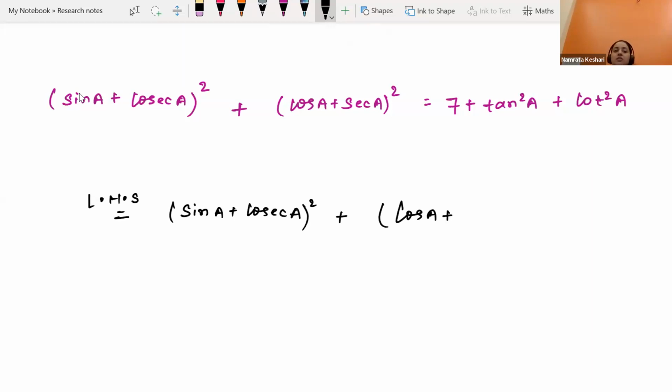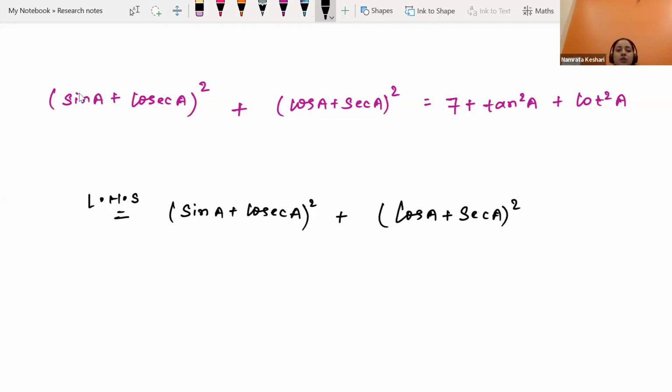We can expand it by using the a plus b whole square formula, or at first we can convert cosec as 1 by sine and sec as 1 by cos. Can you see we can use the formula a plus b whole square here also? Let's see whether it will help or not.